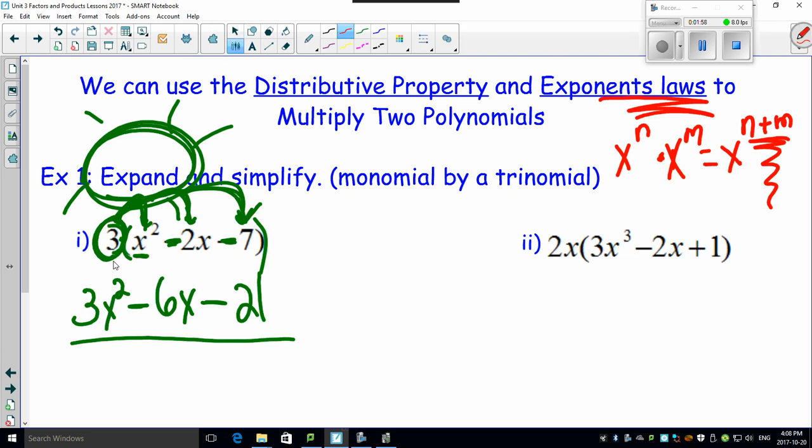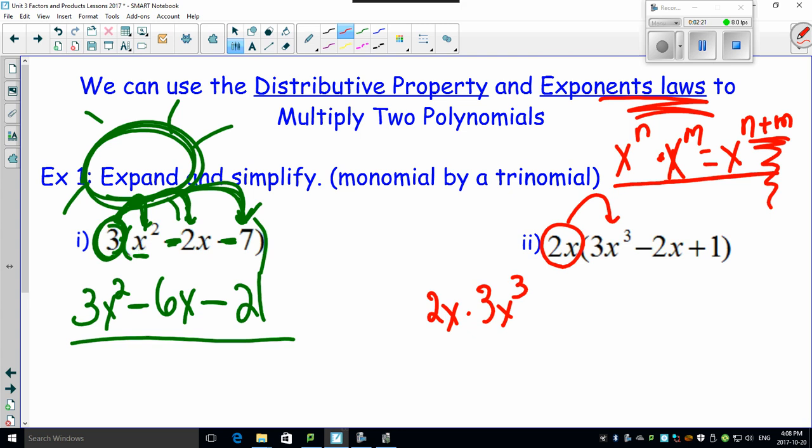Look at this one. Now, in this particular question, you're not just dealing with a 3 anymore. You are now dealing with a variable. So guess what? That's where these exponent laws come in. So let's look at the first one. This is 2x times 3x cubed. Let's do that one first, and then we'll go on to the rest of them.